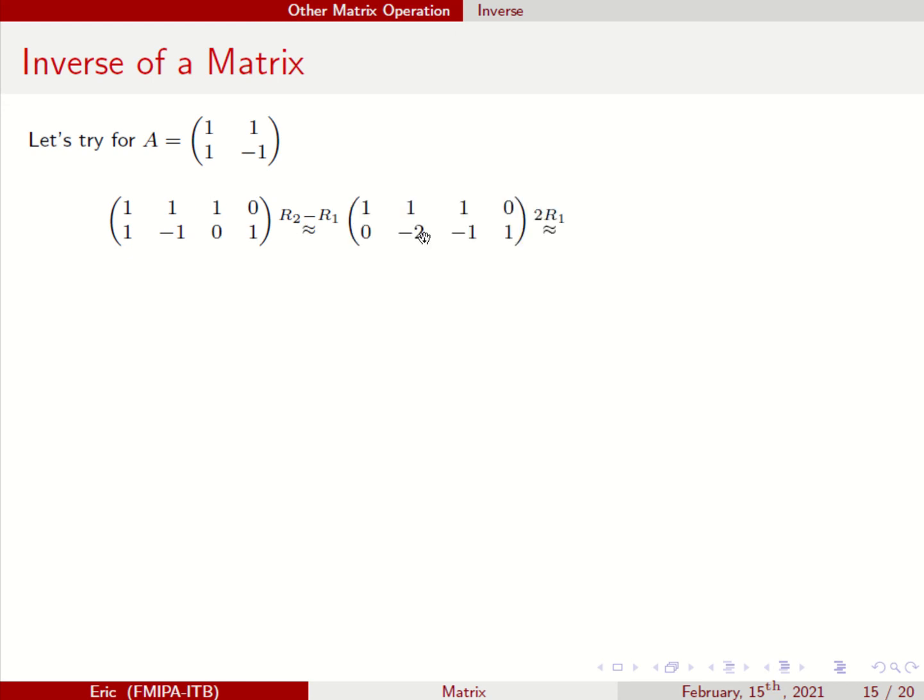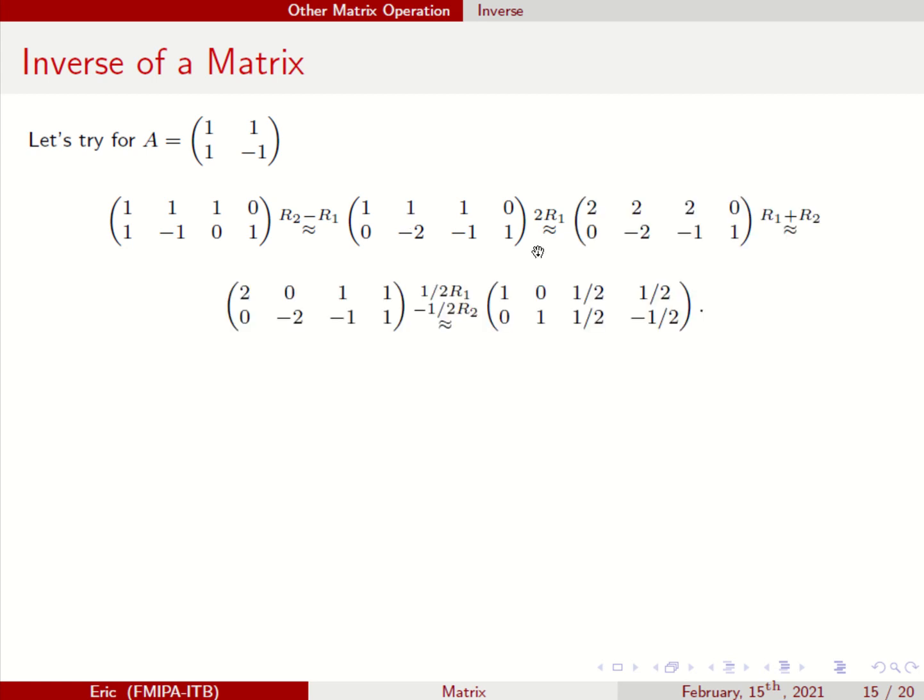You do this, and this becomes the identity. After you do the elementary row operations, it means you multiplied by A inverse, and the identity multiplied by A inverse gives A inverse. So using the same elementary row operations, you end up with the inverse.